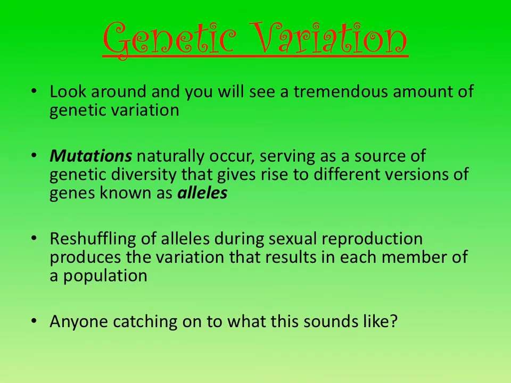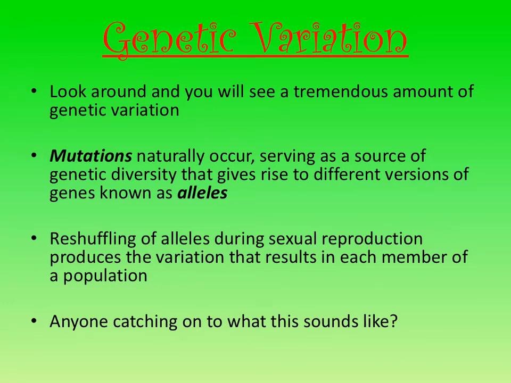All right, now for the important part that in some ways is very new in terms of what you've heard before. Probably the most critical thing about meiosis is that it introduces genetic variation into our world.